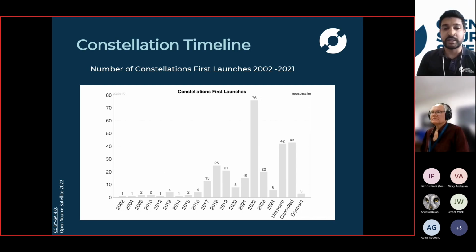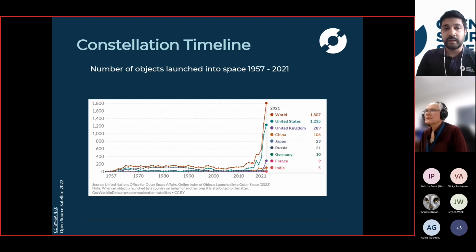So constellations have become much more popular in recent years, and with this, the number of objects orbiting in space has grown exponentially to 1,807 known objects.